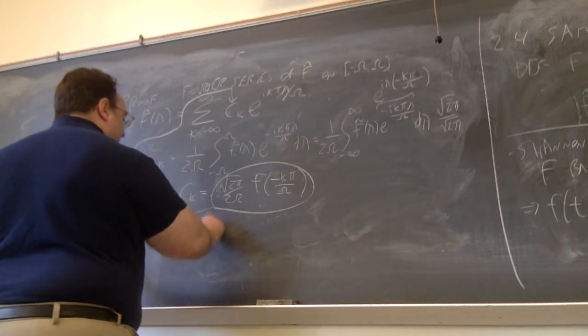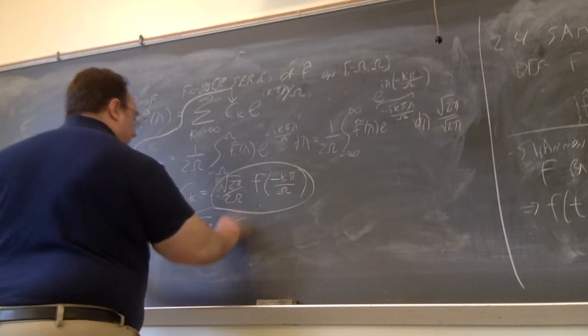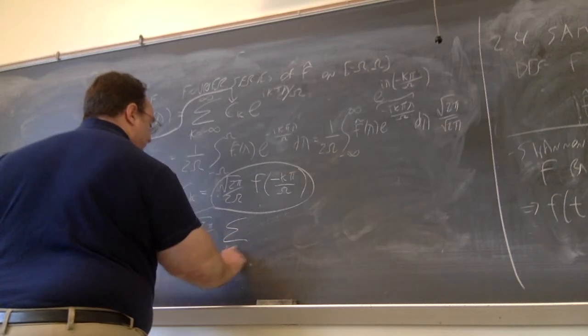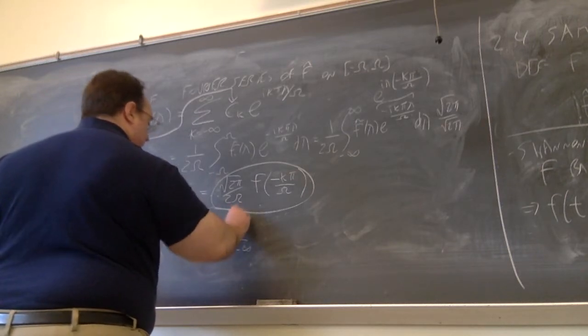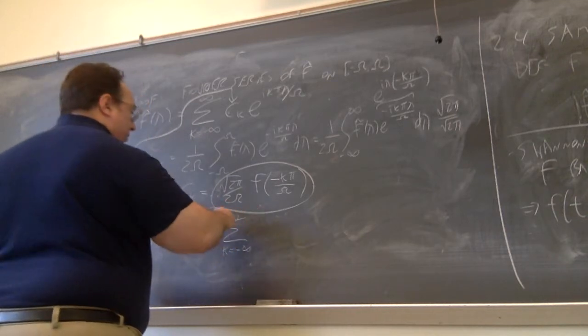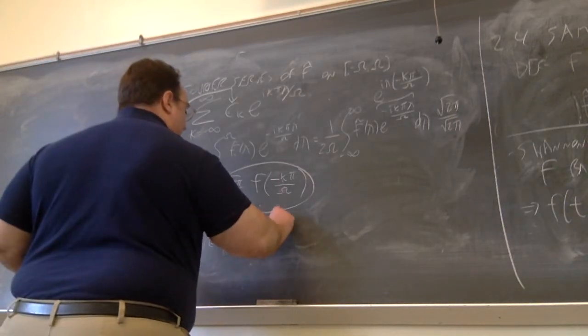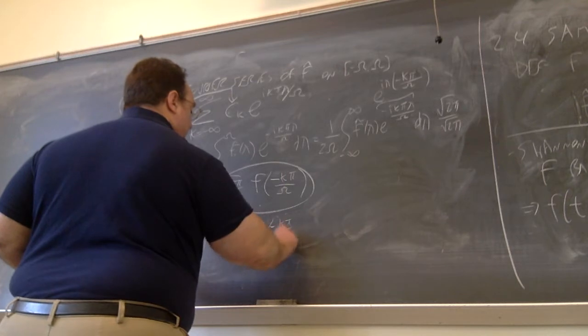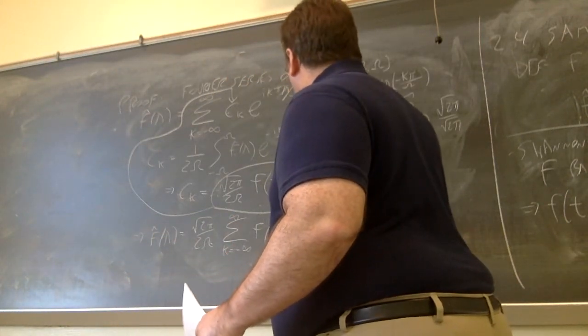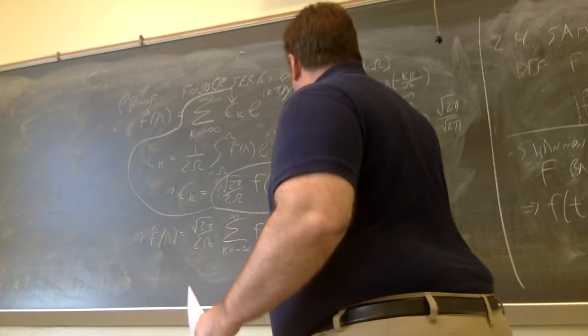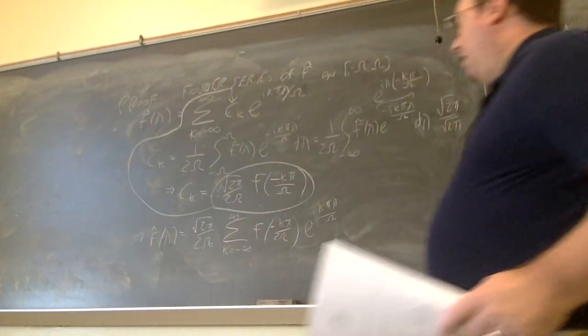So square root of 2 pi over 2 omega, sum from minus infinity to infinity. And then I have this expression for c_k, f of minus k pi over omega. And then I have this exponential, i k pi lambda over omega. Okay.